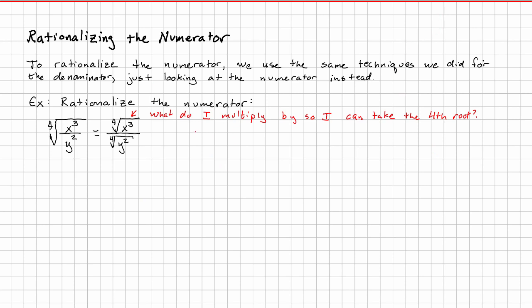Right, well, here I have an x to the third. I need an x to the first. So I'll multiply my numerator and denominator each by a 4th root x to the first.